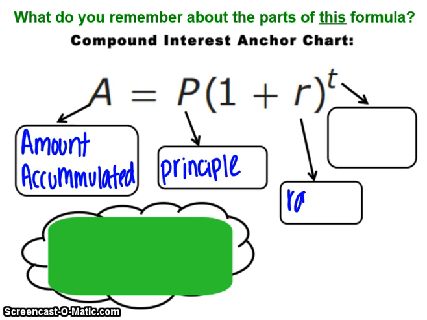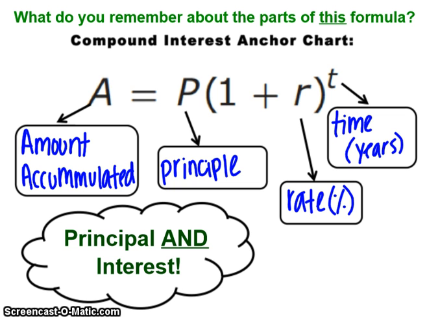R stands for rate, which is my percent, and T stands for time, which will be in years. When I solve for this, I'm looking for the amount accumulated: the interest plus the principal, the money that I gave the bank originally.